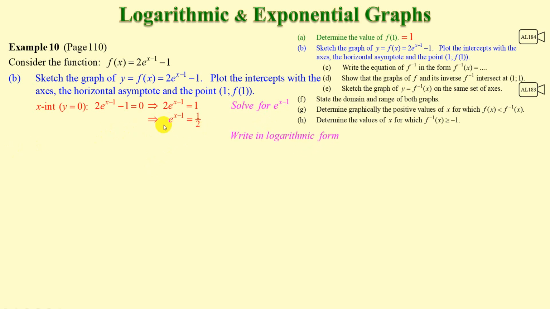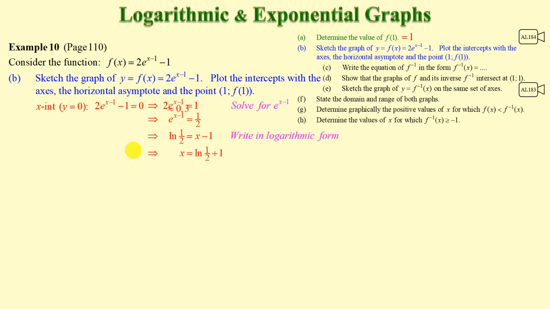e is the base. So e will be the base of the log, which means it will be ln. There's the number, so we're taking log of the number, and that's what it's equal to because the log is an exponent. Now we need to solve for x.